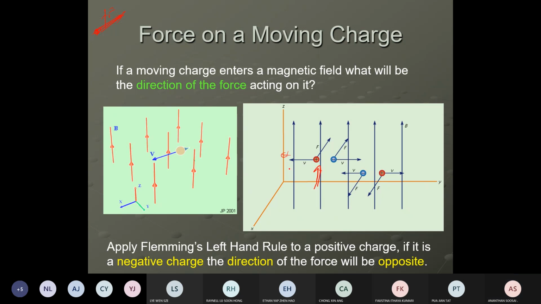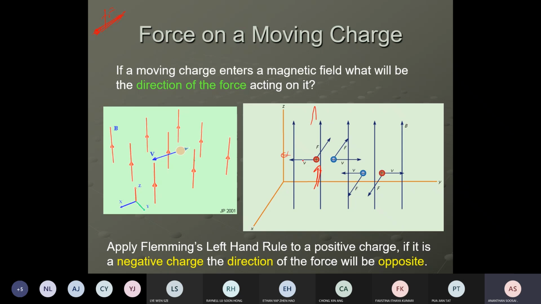Remember FBI, right? Your magnetic field, your index finger pointing upwards. Now the problem is the current. Current is the rate of flow of charge, right? The positive charge is moving to the left, so is the current to the left or to the right?